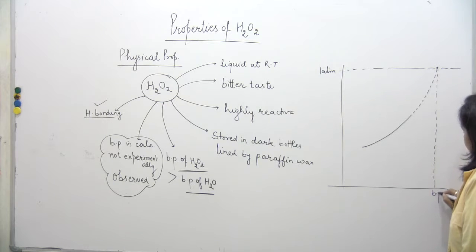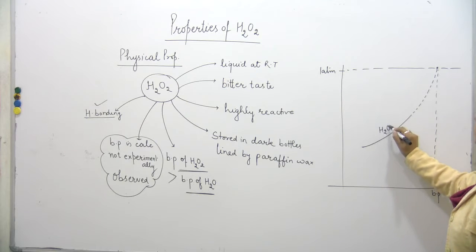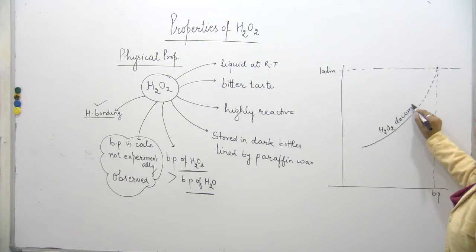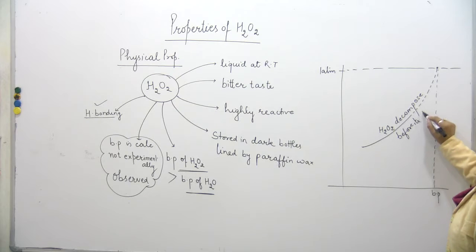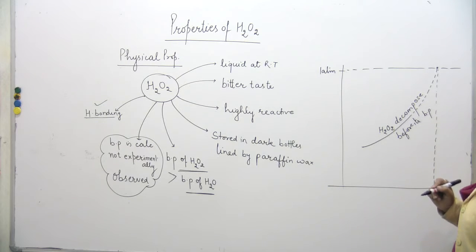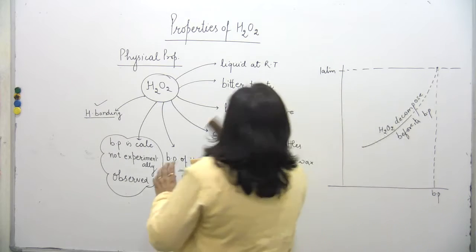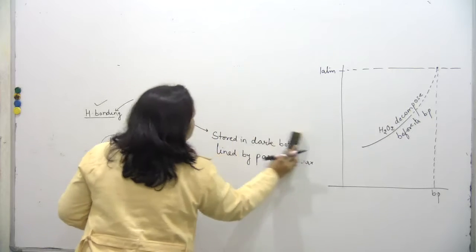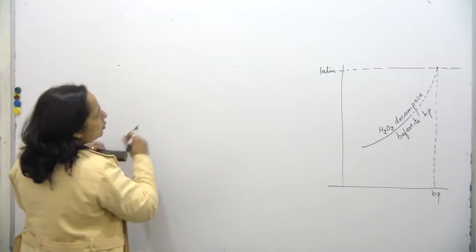This is the boiling point of H2O2 and hydrogen peroxide will decompose before its boiling point. Therefore, you have to go for boiling this liquid under reduced pressure condition. We can boil this hydrogen peroxide under reduced pressure.